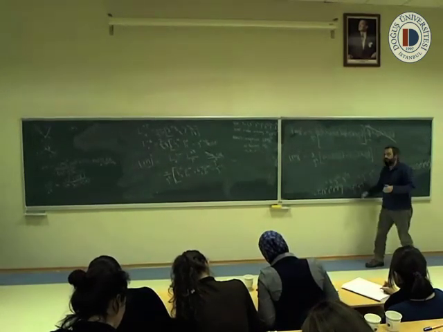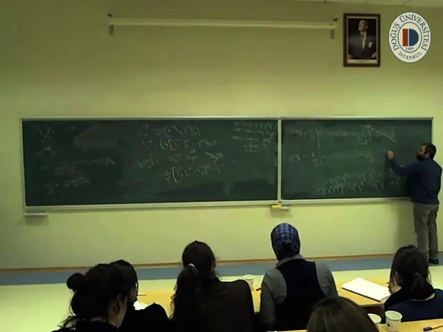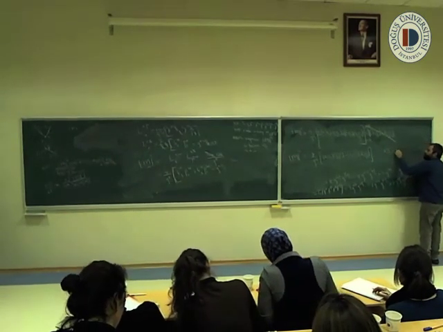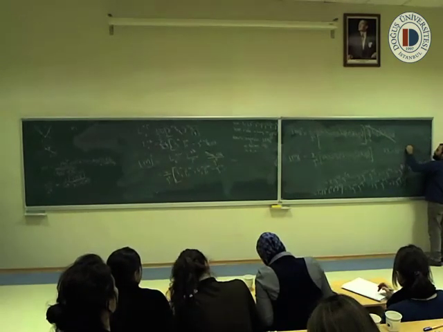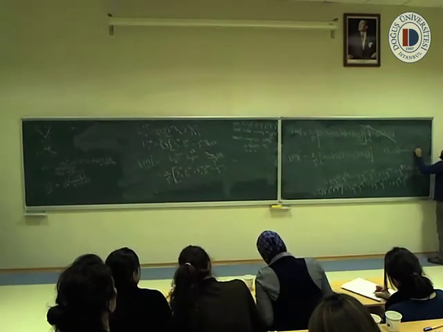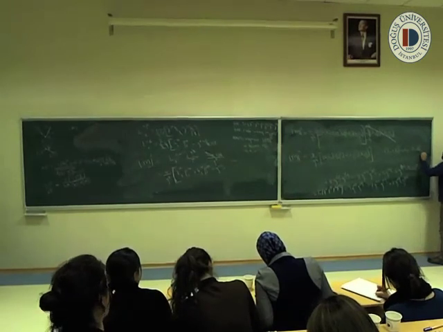Let's look at K1, K2. K1, K2 is nothing but 1 over 2 K1 plus K2 squared minus K1 squared minus K2 squared.